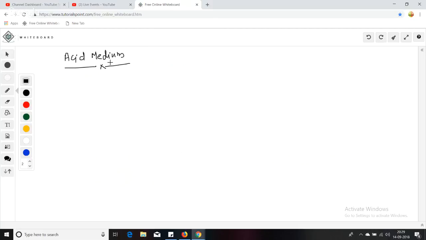So if we are taking, suppose, a ketone now, CH3 C double bond O and CH3. We are taking 2 molecules of this, so this one is the first molecule. The reaction itself says we have to take 2 molecules of this.